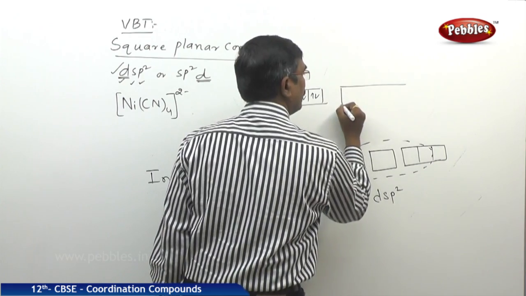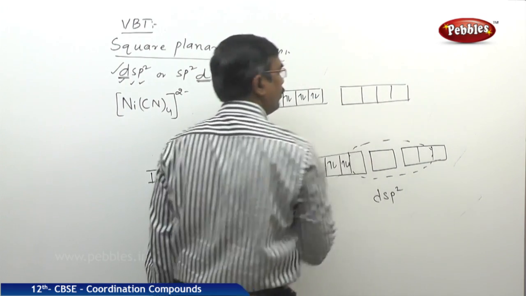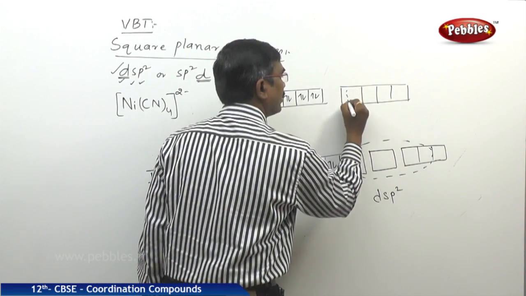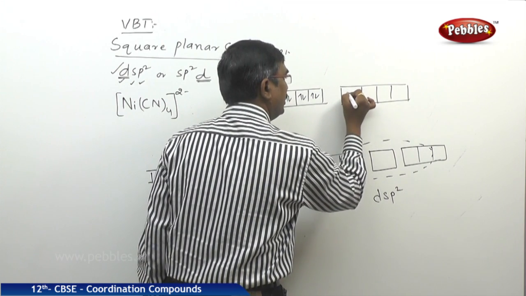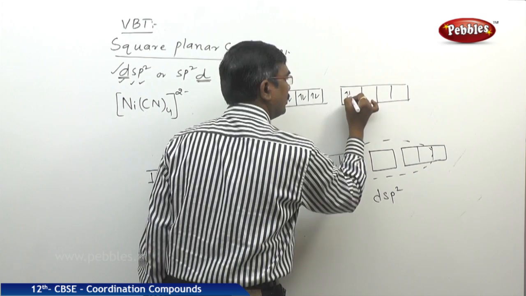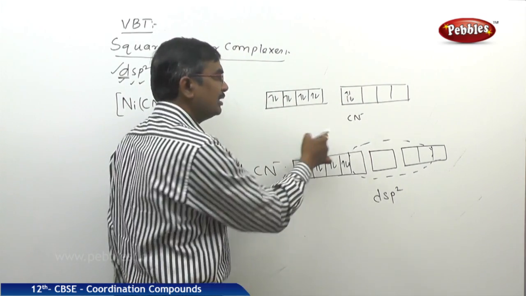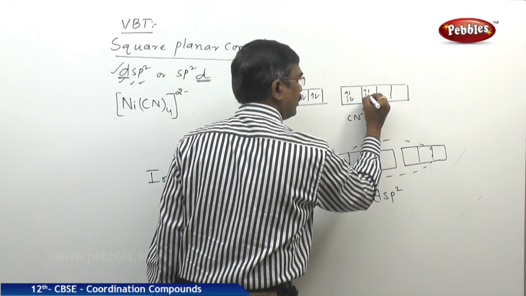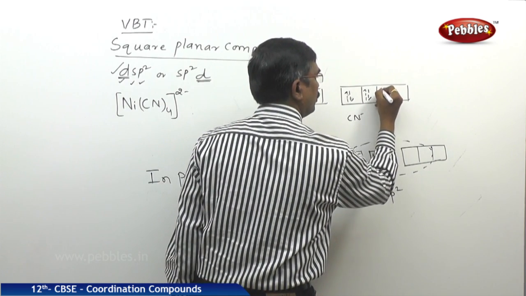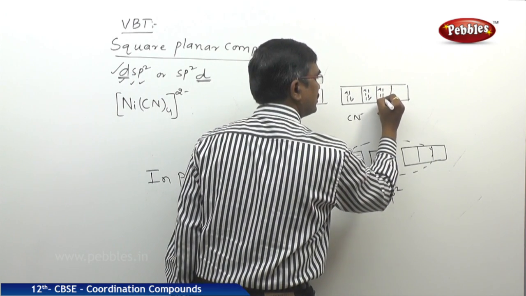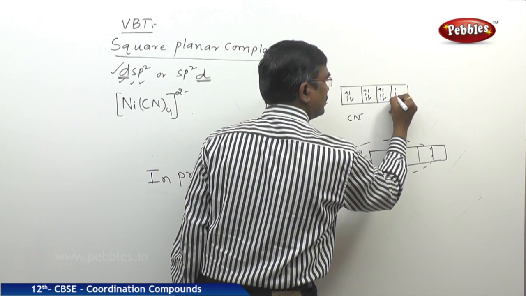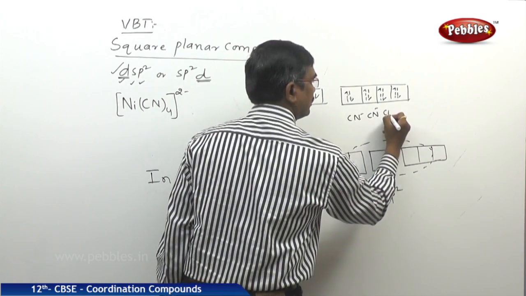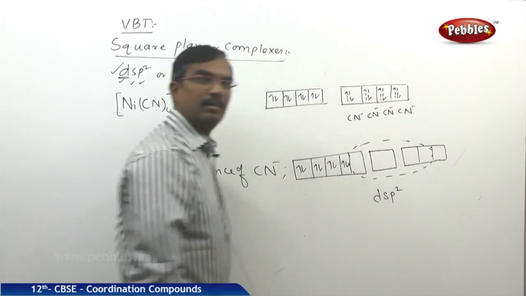Each CN- donates one electron pair to the corresponding dsp2 orbital. This is one CN-, another CN-, the third one, and the fourth one.